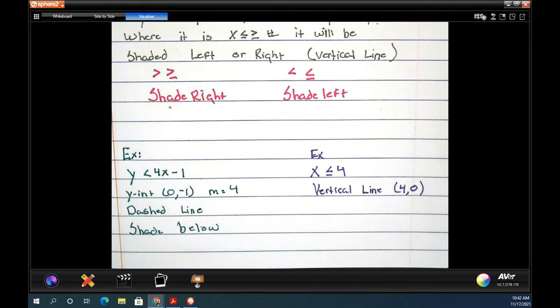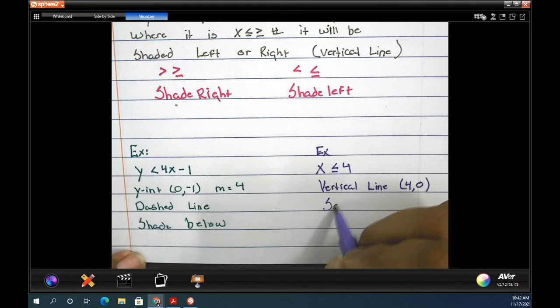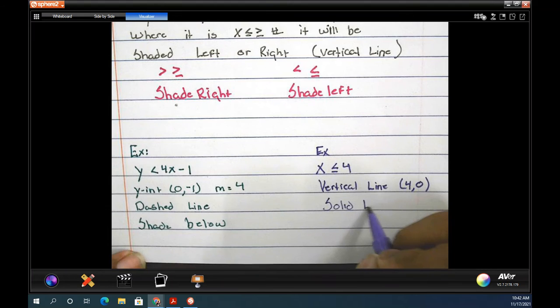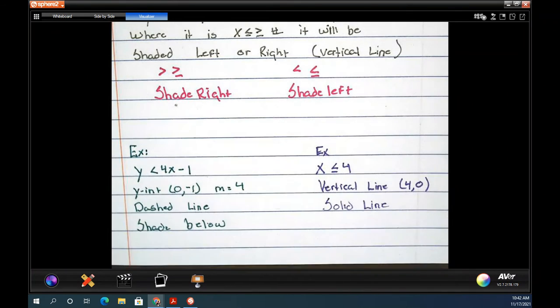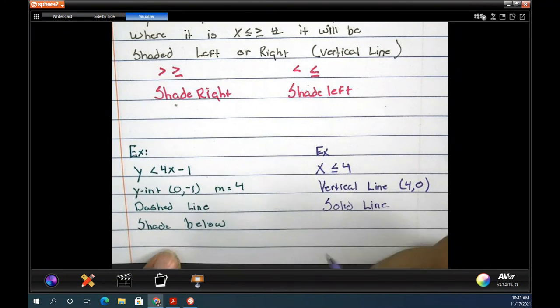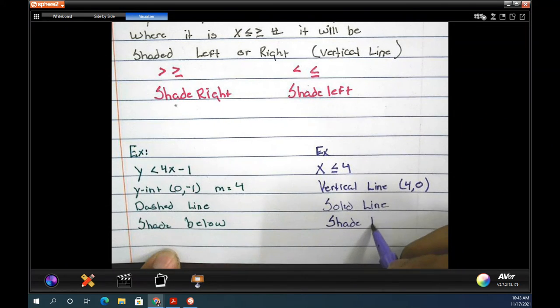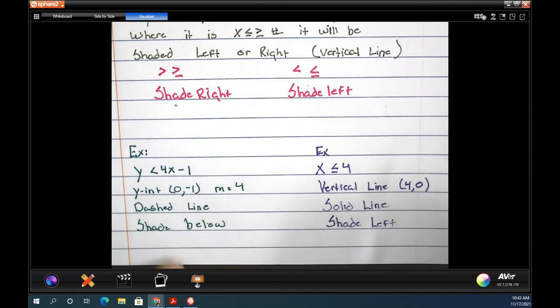Now, it's equal to, so it would be a solid line. Okay? Now, it's less than or equal to, so we would shade left. When it's x and we're doing an inequality, remember the shading rules change. You would shade left.